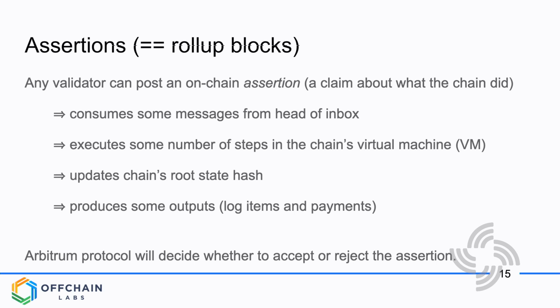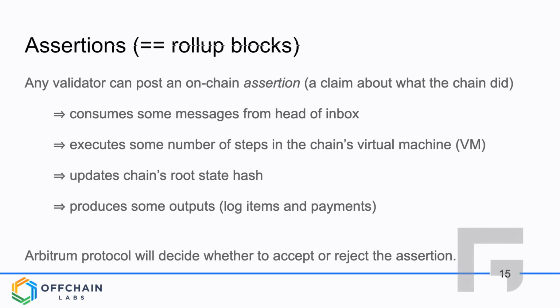This is a claim about what the chain did or what the chain will do, which is really a claim about what the contracts in the chain will do. That assertion involves the chain consuming some messages from the head of the inbox. Those are, say, the transaction calls that are going to get executed by the contracts during that assertion. It says that the contracts execute some number of steps of computation in the chain's virtual machine.